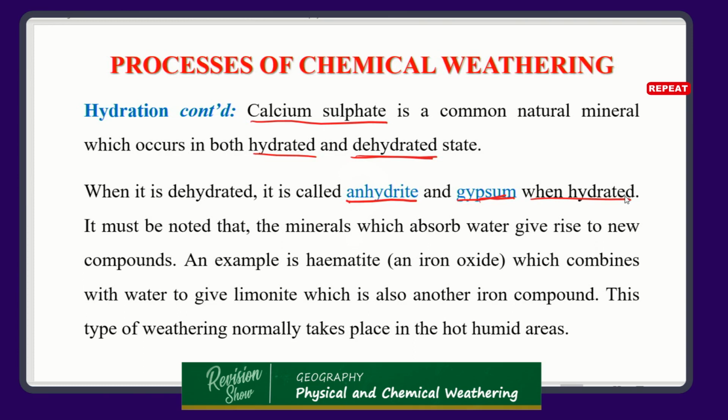I told you we are not coming to do chemistry. But once we move along, you understand what I'm trying to teach you. So anhydrite, when it is dry, is the calcium sulfate. But when it is hydrated, we call it gypsum.